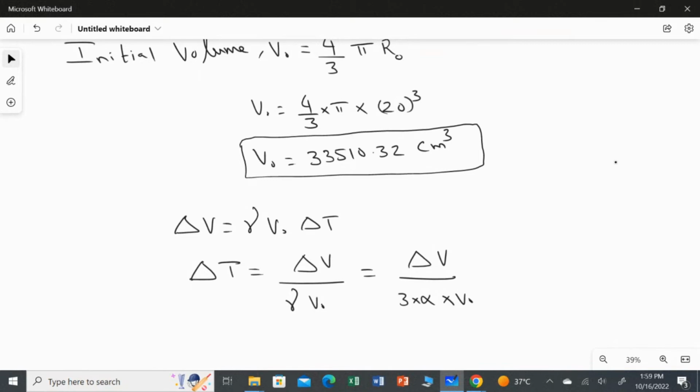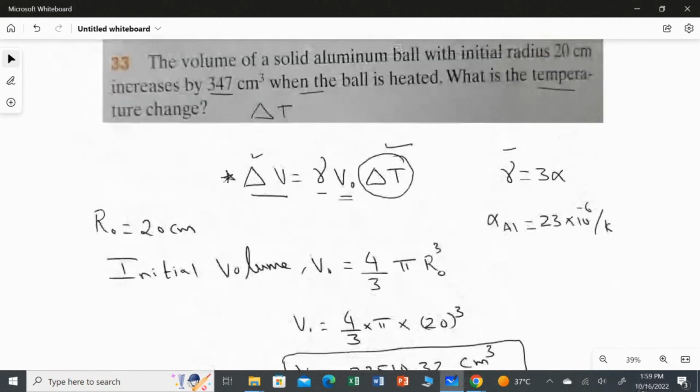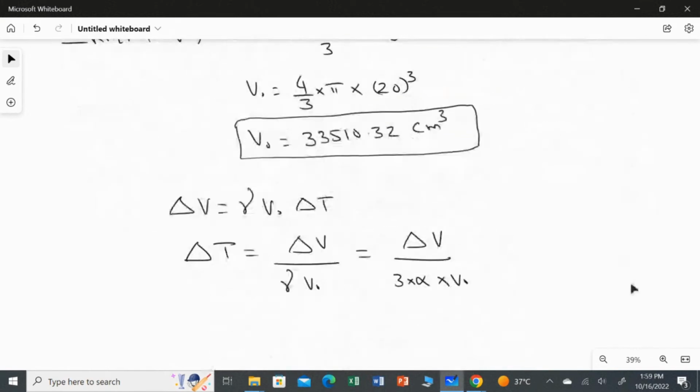I'm going to substitute the value. Delta V is given as 347 centimeter cube. So what is the value of delta V here? Because they said increases by, which means a change in volume, 347 centimeter cube. So I'm going to substitute the value here.